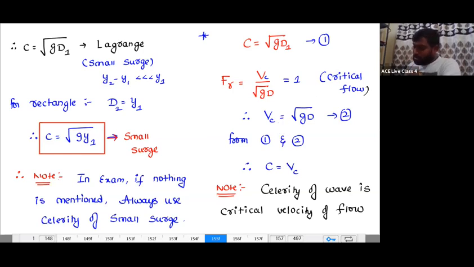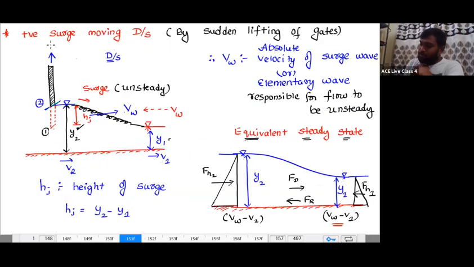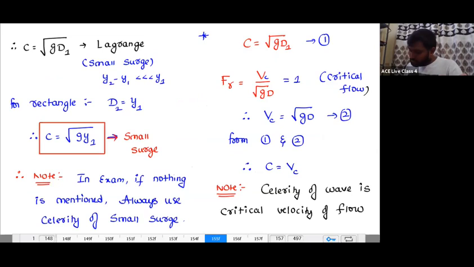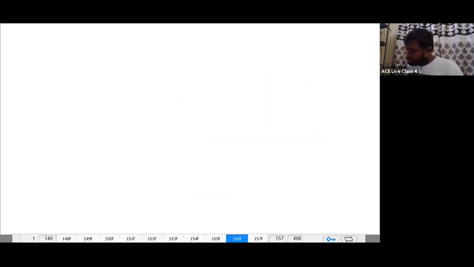Okay. So, sir, whatever the analysis I made is for whom? Positive surge moving downstream. Now, the similar way I am going to do with the positive surge moving upstream. Now, you see. B. Positive surge moving upstream.